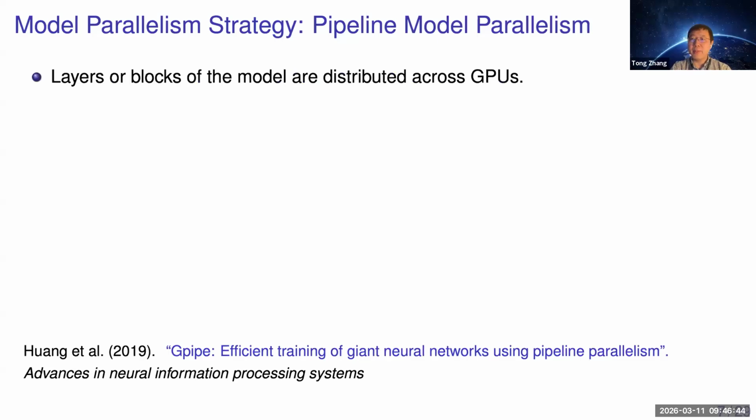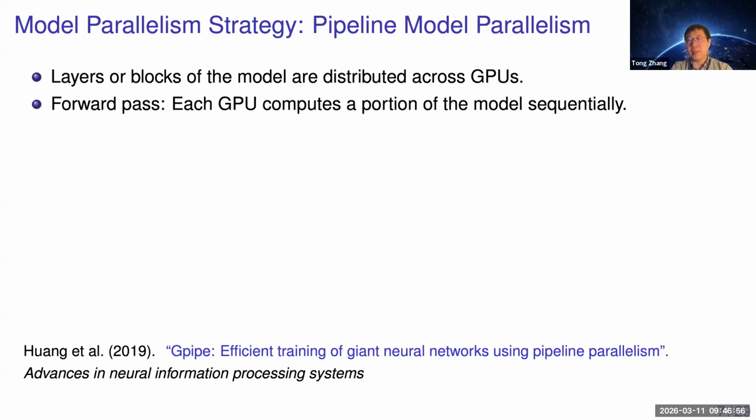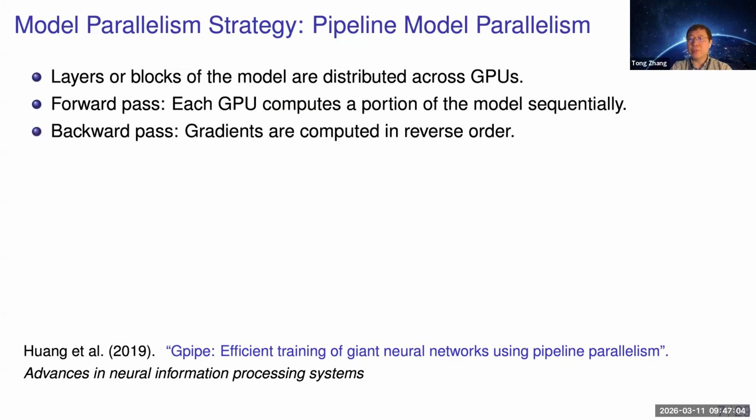So let's say you have 8 layers, 8 GPUs, 8 transformer layers, right? Each transformer layer can be put in one GPU. So for the forward pass, each GPU computes a portion of the model sequentially, and then you go through backward passes in reverse order.